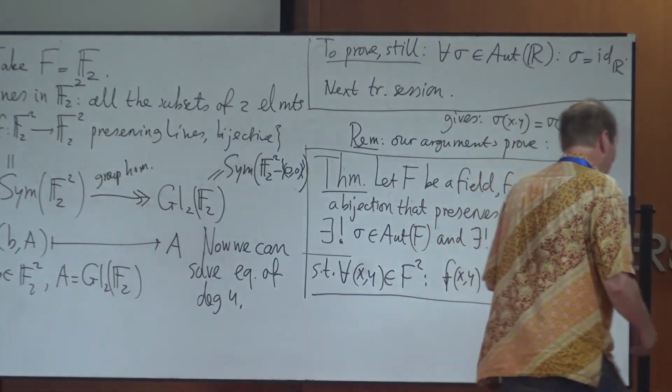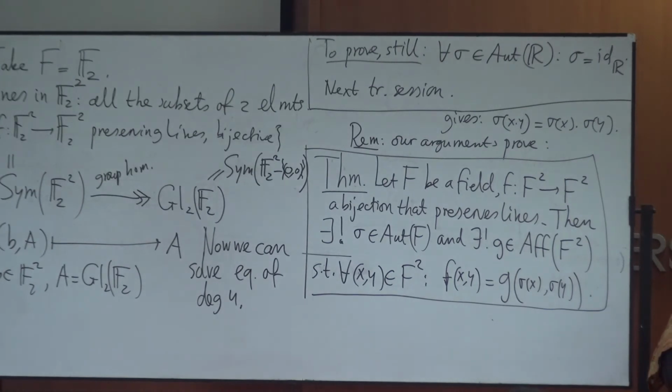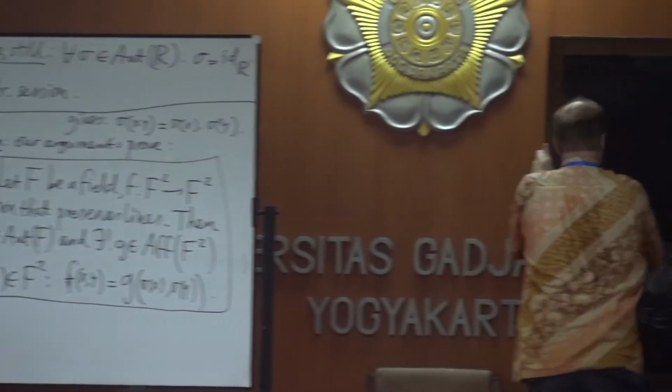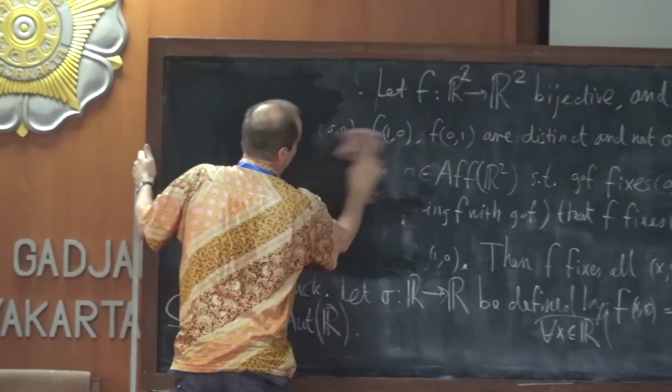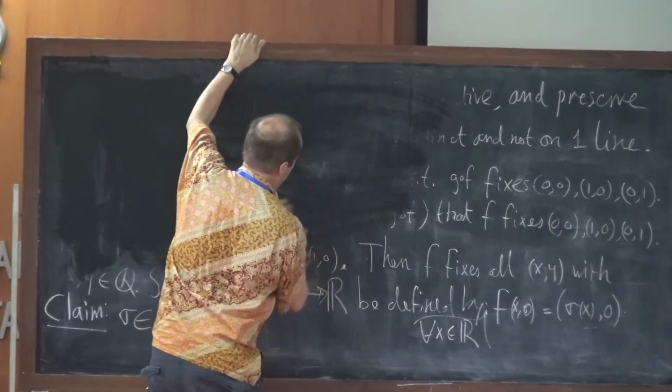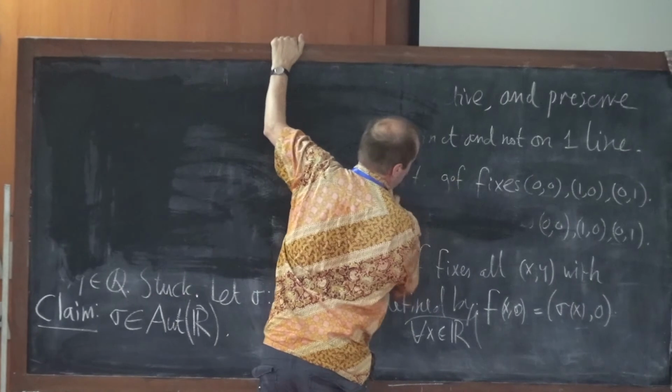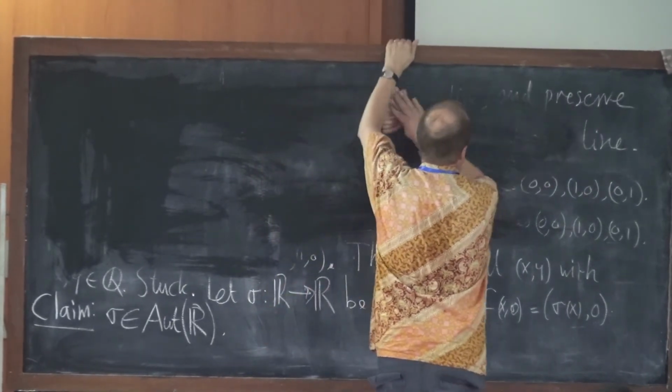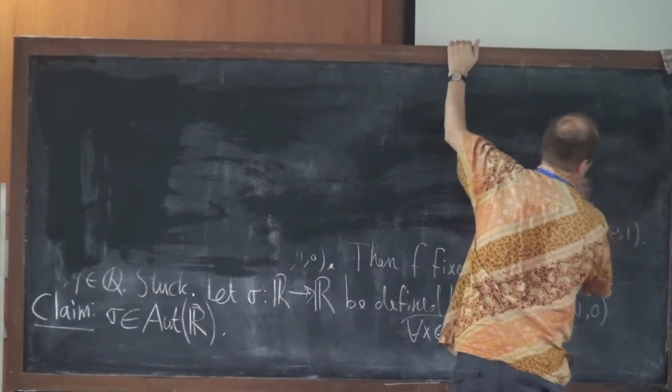Then I try to clean this blackboard a bit. So the official plan for this lecture was Klein's program. Klein is Felix Klein, a professor in Germany in the 19th century.